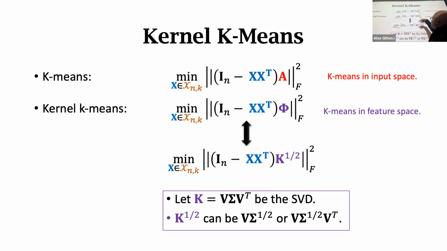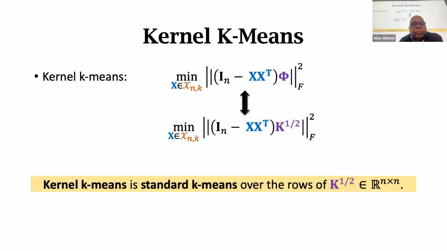Well, it turns out, you can check the linear algebra. Since phi times phi transpose gives us K, this is equivalent to solving this, where I replace phi by the square root of K, or kernel matrix. It's a positive semidefinite matrix, so it has a square root. We can get that from the SVD.